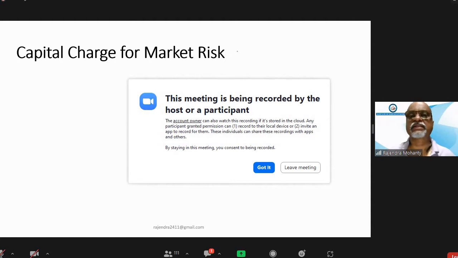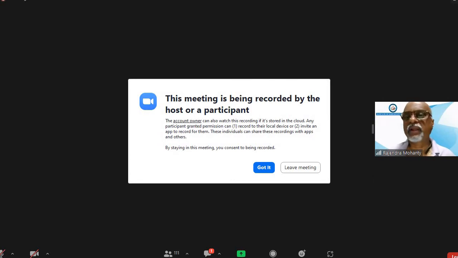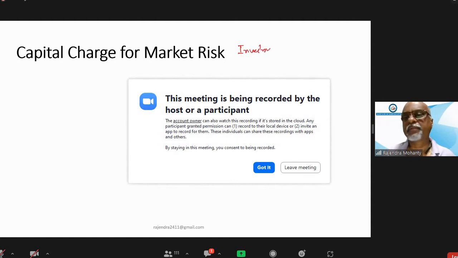Because market risk means it is totally our bank's investment portfolio. Investment portfolio means banks always invest some part of money, due to compulsion or due to surplus, in some kind of securities. Securities can be shares, bonds, debentures or any other instrument available for investment.